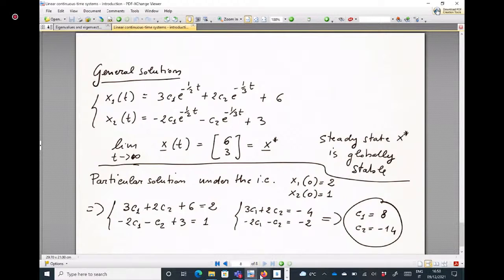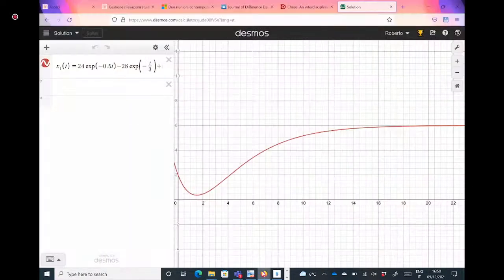Well, let me just write also this one. x2 of t is equal, it was, if I'm not wrong, minus 16, was the coefficient of the term exponential minus 0.5 t.